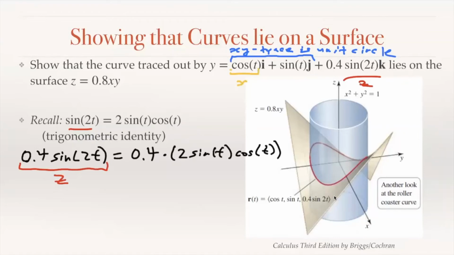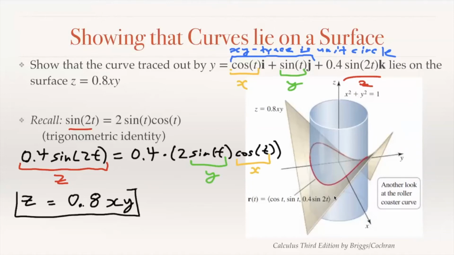And cosine t is our x, and sine t is our y. Well, we look at that. That is our x, and that is our y. So we immediately find a surface on which it lies. So that is z is equal to 0.4 times 2 is 0.8 times x, y. Is the surface on which it lies.